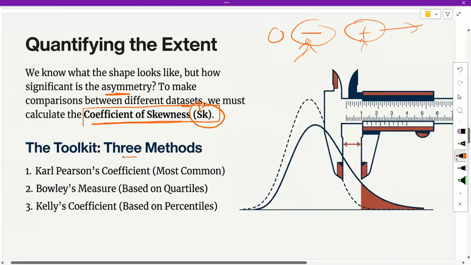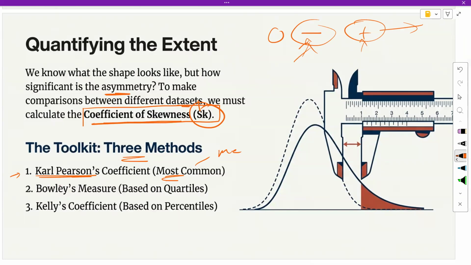In the toolkit, there are three methods. Number one, Karl Pearson's coefficient, which is most commonly used; it uses the mean and standard deviation. Bowley's measure is based on quartiles, Q1, Q2, Q3.